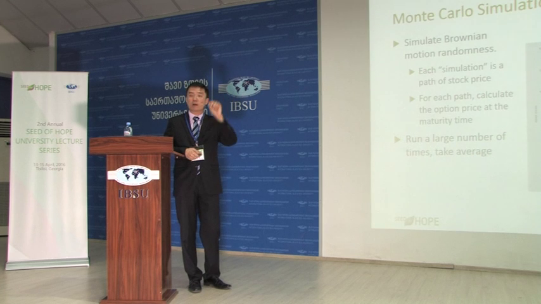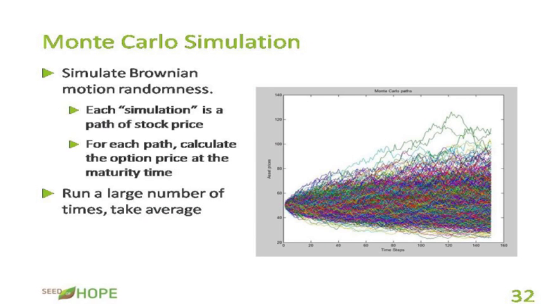For example, if the Coca-Cola price rises up to 90 and the strike price was 30, then my option is worth $60. And you run it maybe a few million times and you take the average. And that should be your expected value of the option today, right? So that should be your fair price of the option today.